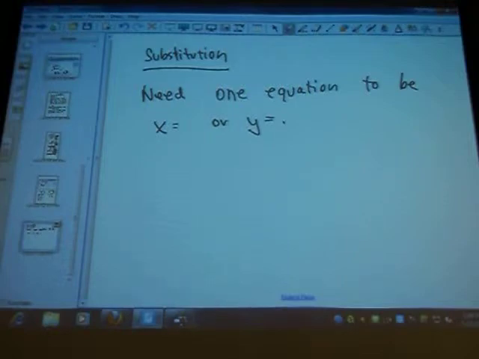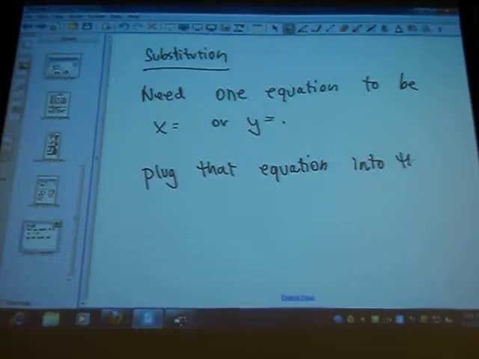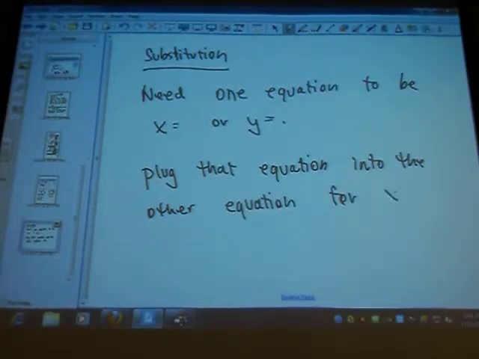It doesn't really matter which one you have, whichever one I give you or whichever one's easier to get. Then you plug that equation that is x equals or y equals into the other equation for x or y.